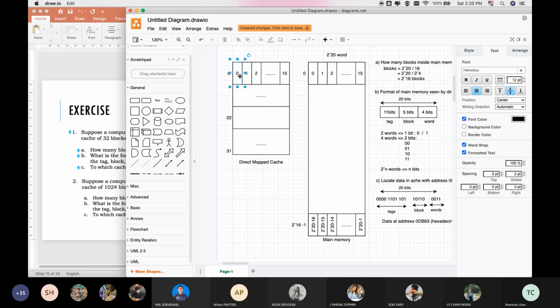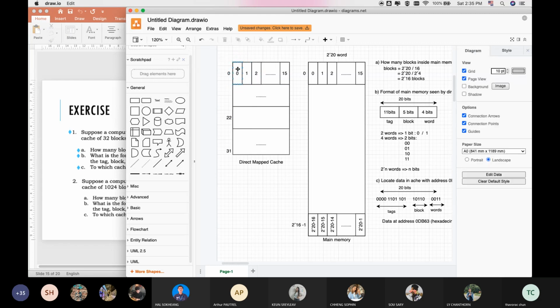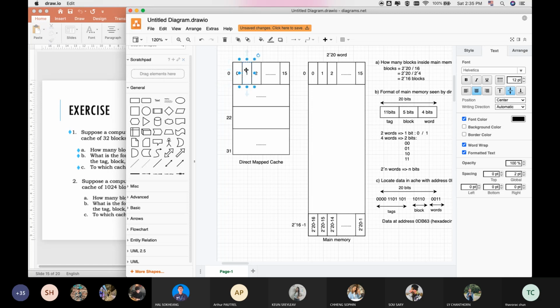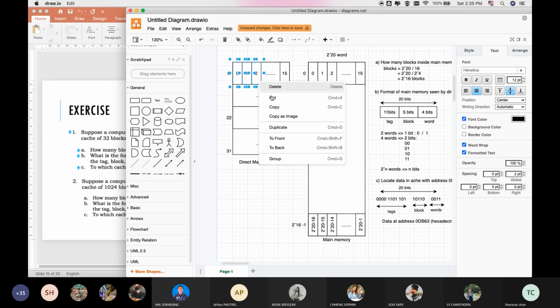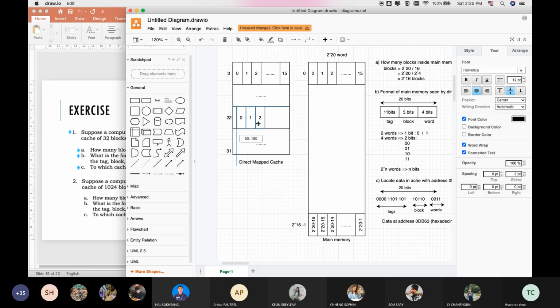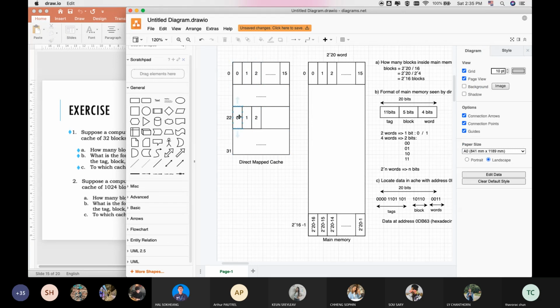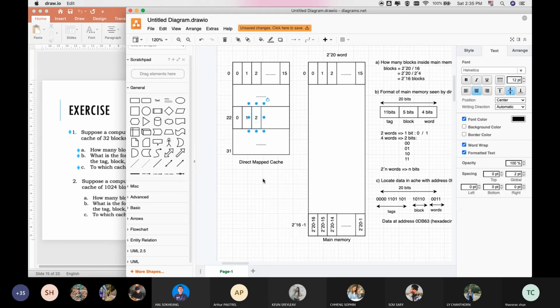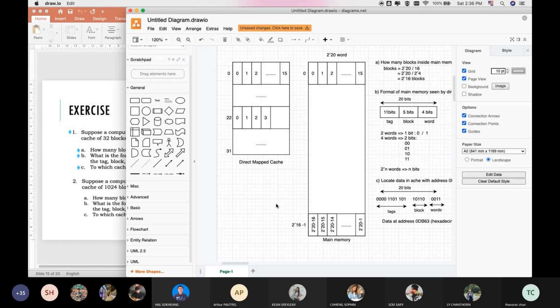So the data here is in block 22 and offset 3. This one is offset 0, offset 1, offset 2, and the next one is offset 3.